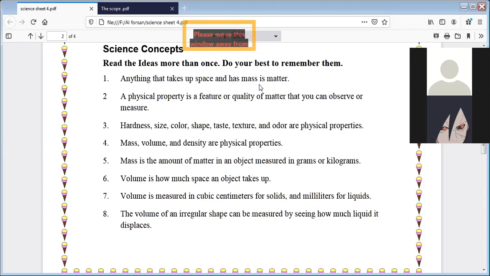So, can we say, for example, that anything is not matter? No. For example, the air. Is air matter? Yeah, because it has mass. It takes up space. Can we see the air? No. So how can we say it takes up space?